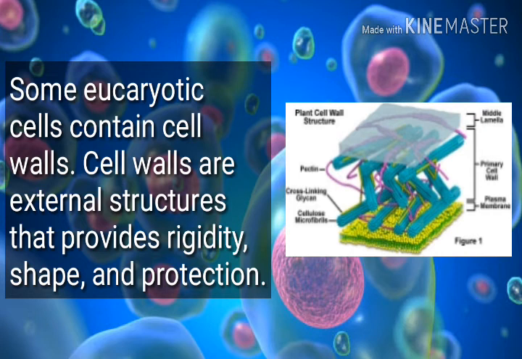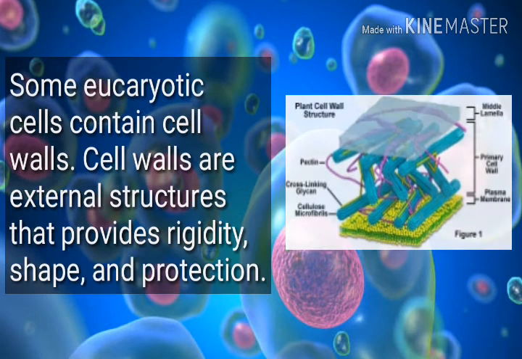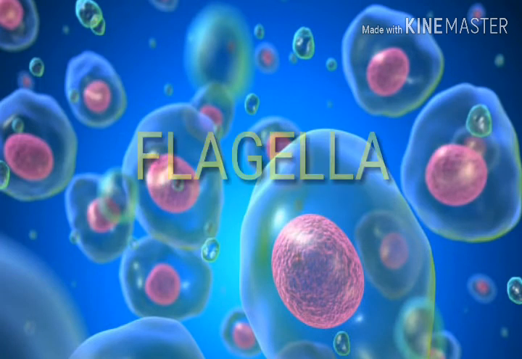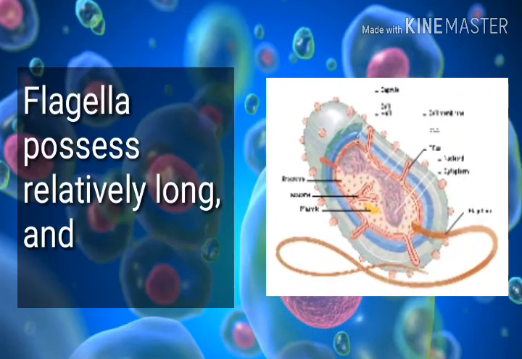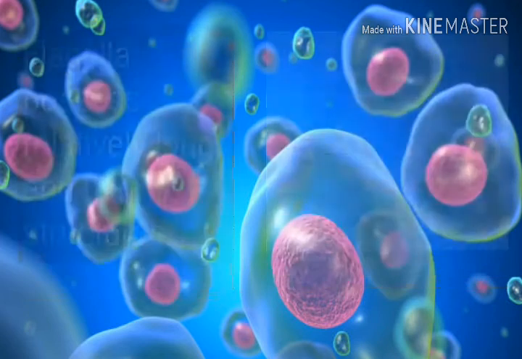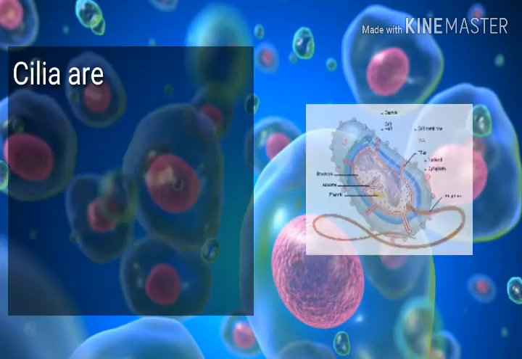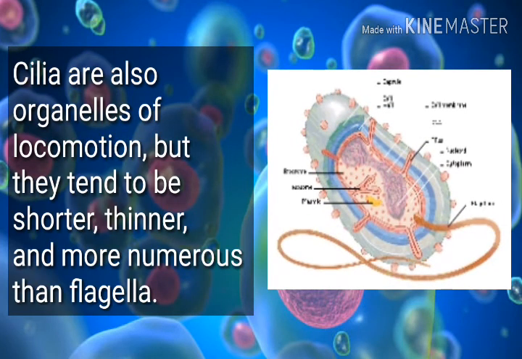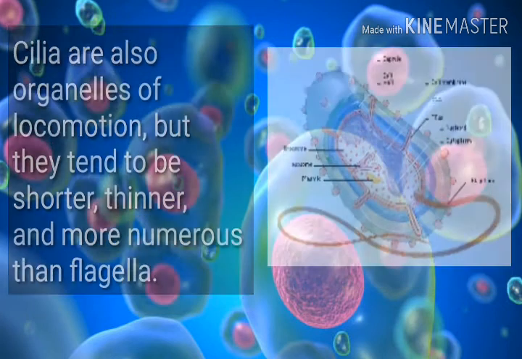Cell walls are external structures that provide rigidity, shape, and protection. Flagella. Flagella possess relatively long and thin structures. Cilia. Cilia are also organelles of locomotion, but they tend to be shorter, thinner, and more numerous than flagella.